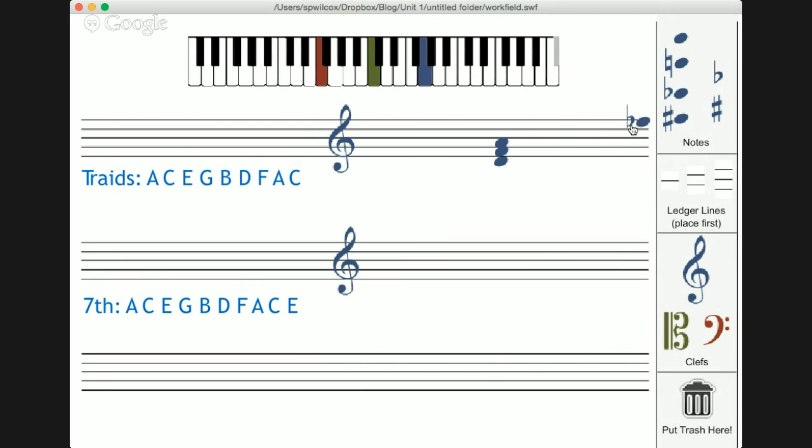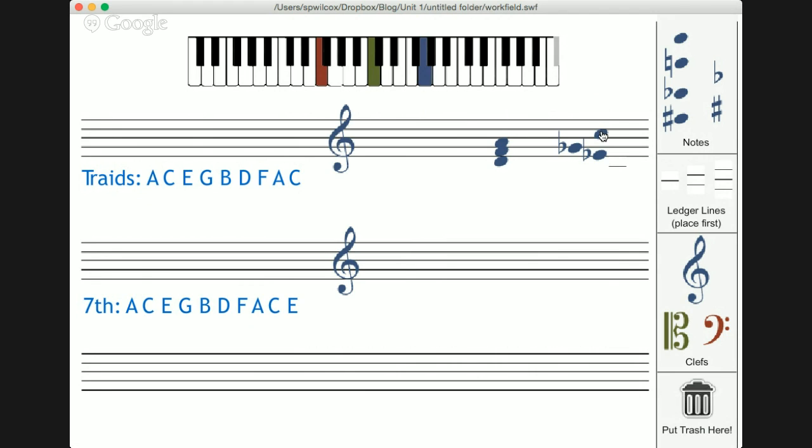Let's do another. And again, it doesn't matter if we have sharps or flats, so let's add sharps and flats. Let's do, let's see, how about this? We have an E flat, so here's an E right there. We have a G flat, a G, and we have a C. So we have some sort of C triad.